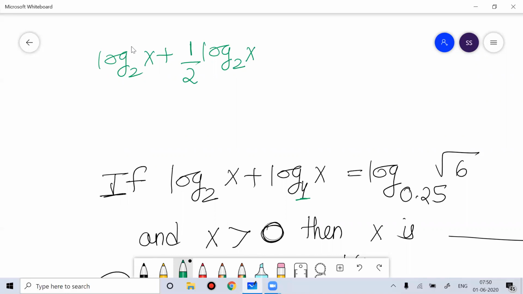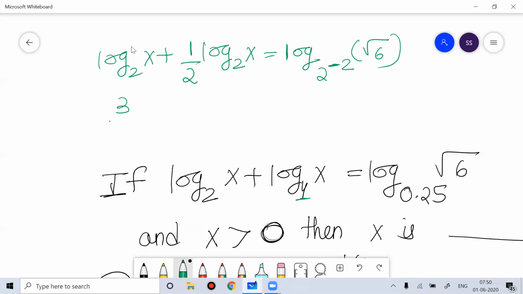This is equal to log of 0.25. 0.25 is 1 by 4, and 1 by 4 means 2 to the power minus 2. And root 6, let it be root 6.